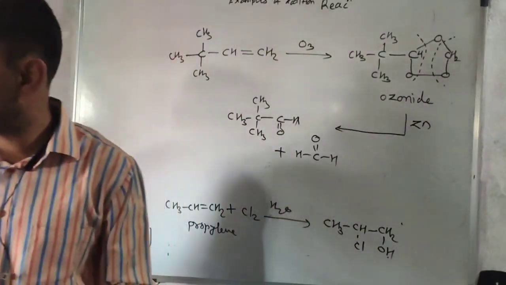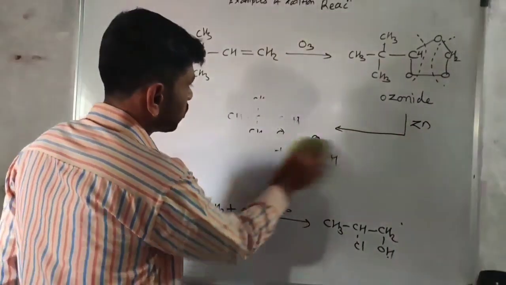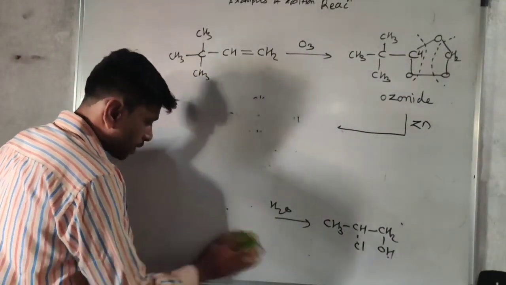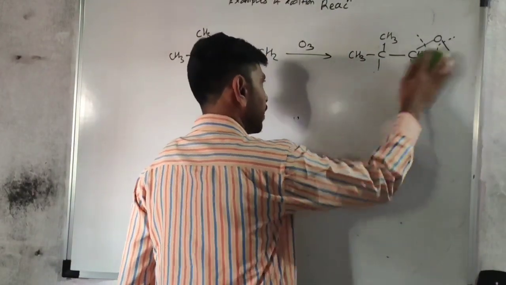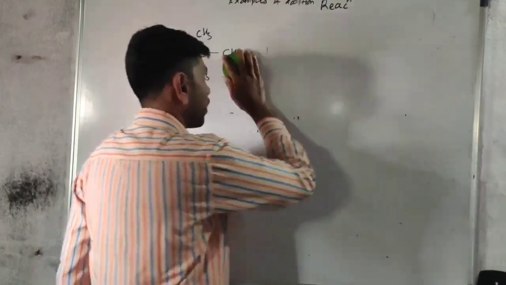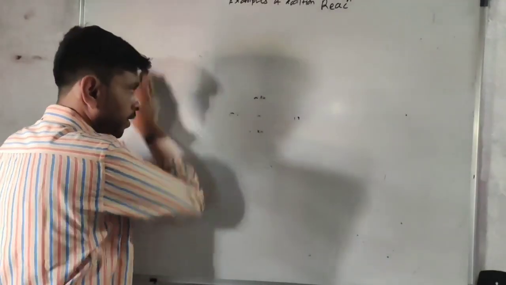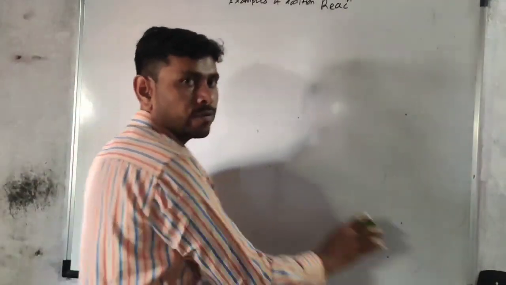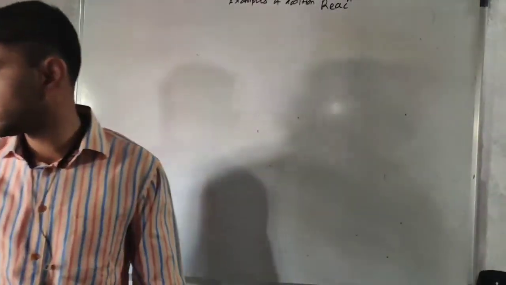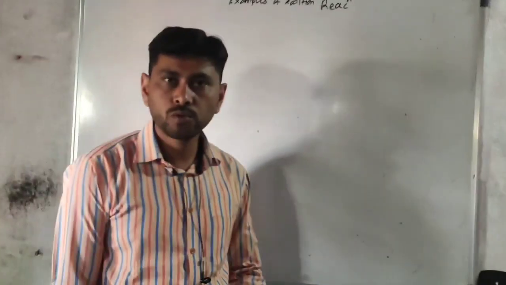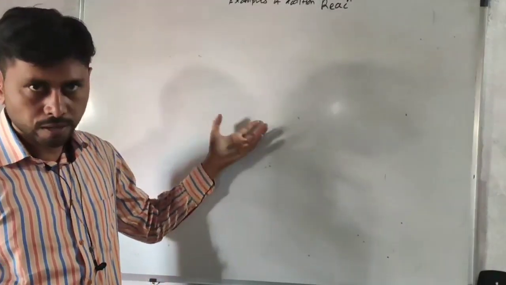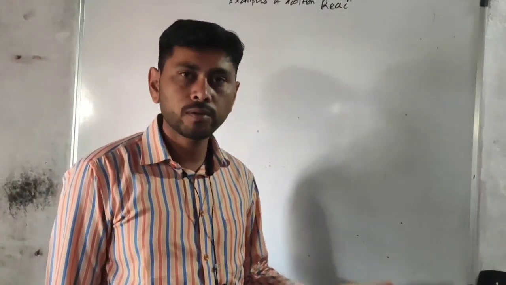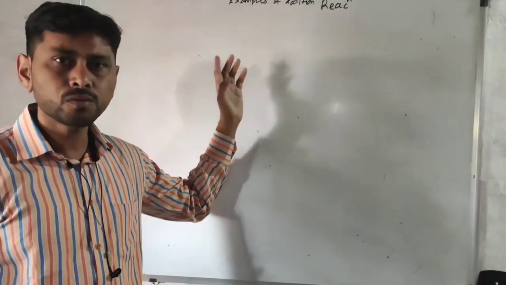Okay, so we saw here some general examples of addition reaction, such as addition of halogen, addition of halo acids, addition of water, addition of hydrogen, that is catalytic hydrogenation, addition of H2SO4, addition of hypohalous acids, oxymercuration-demercuration, and this is ozonolysis.